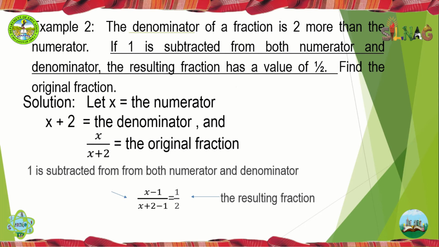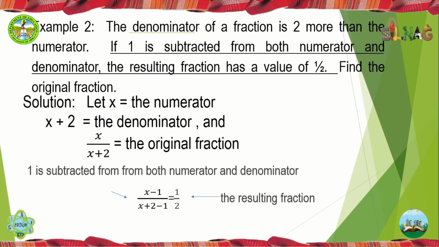Therefore, we let x be the numerator and x plus 2 the denominator. So, the original fraction is x over x plus 2, because the problem described that the denominator is 2 more than the numerator.